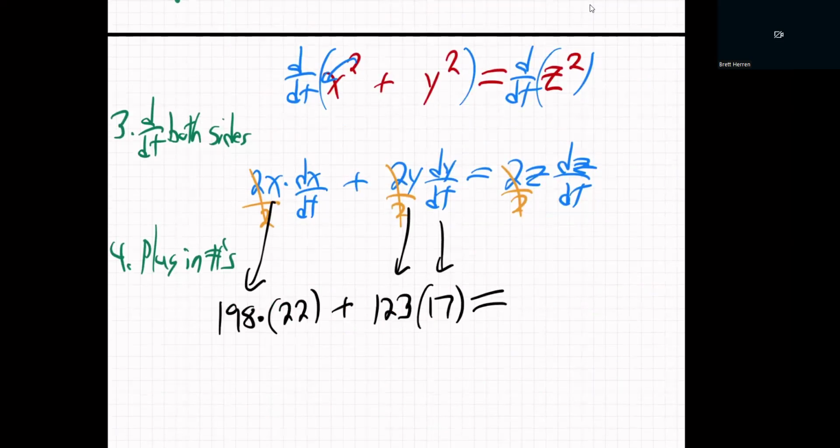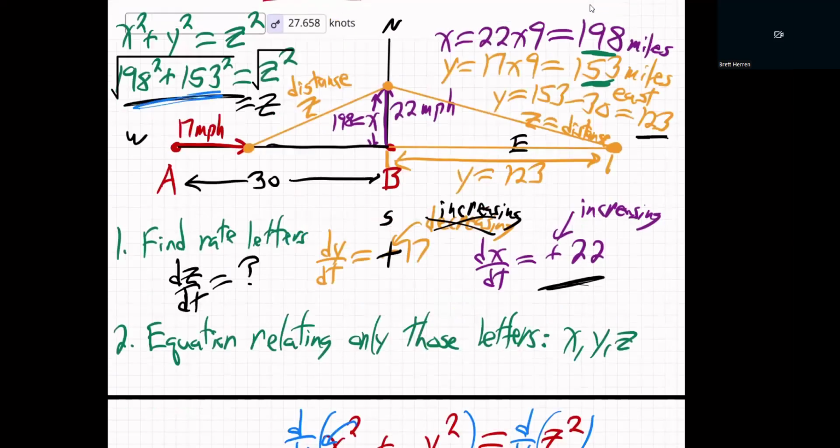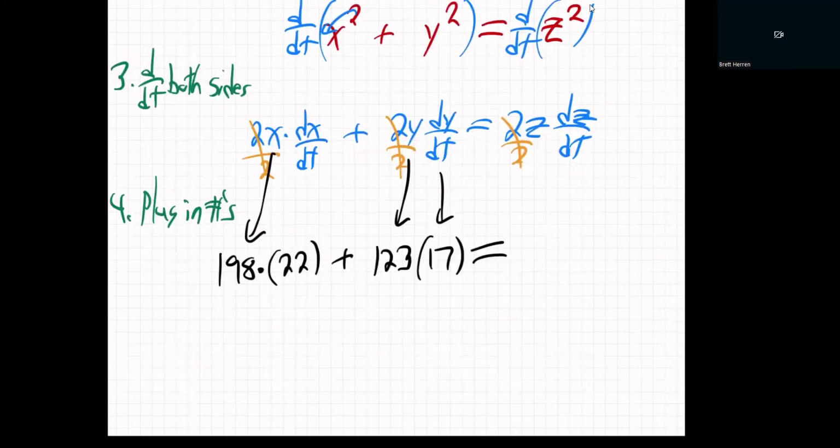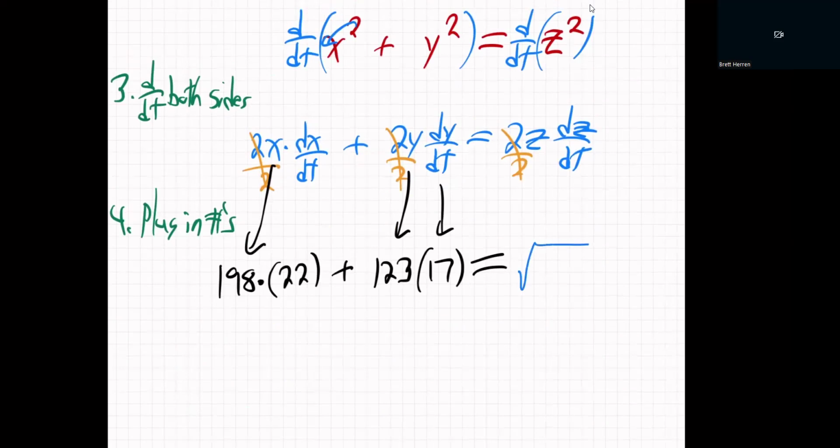Equals. And then Z is this square root of 198 squared plus 153 squared. And then finally, dz/dt. All right. Let's wrap her up.